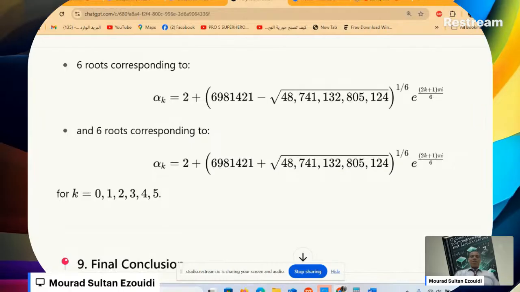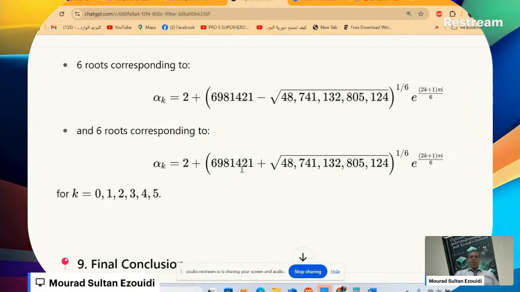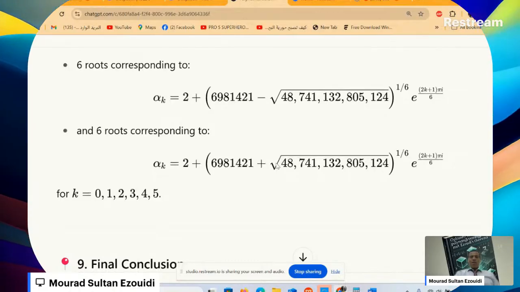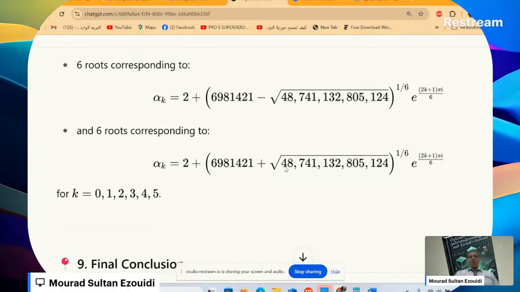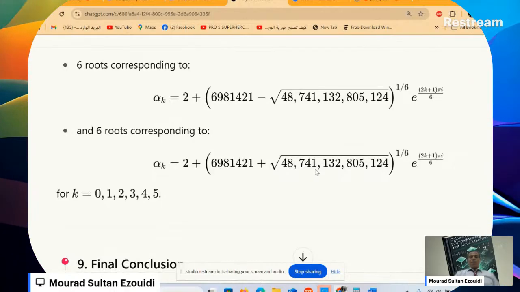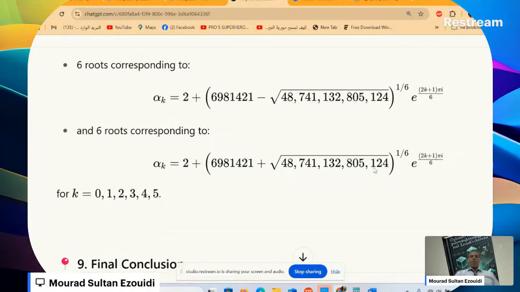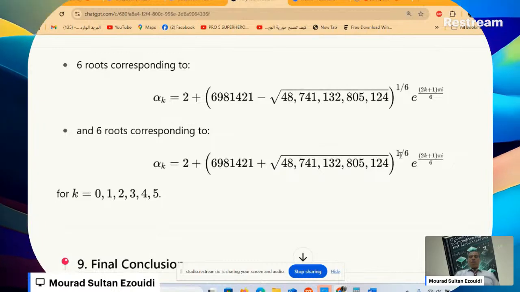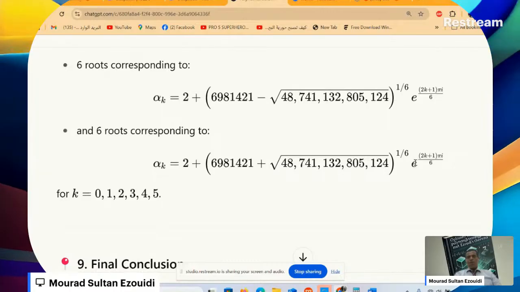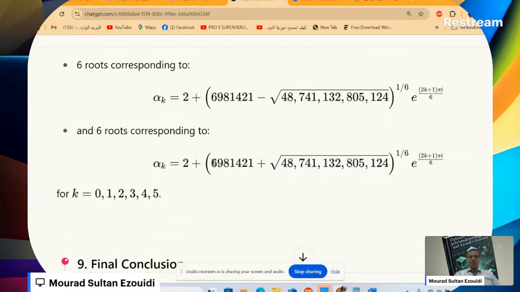Now I will write alpha k equal 2 plus 6,981,421 plus, I took the first positive number, plus root of 48 trillion 741 billion 132,805,124 raised to the power 1 over 6, exponential 2k plus 1 I pi divided by 6.